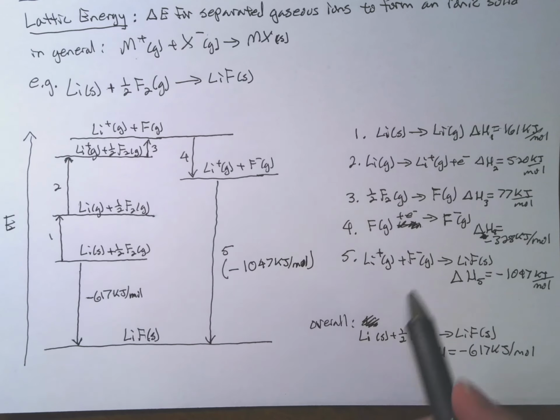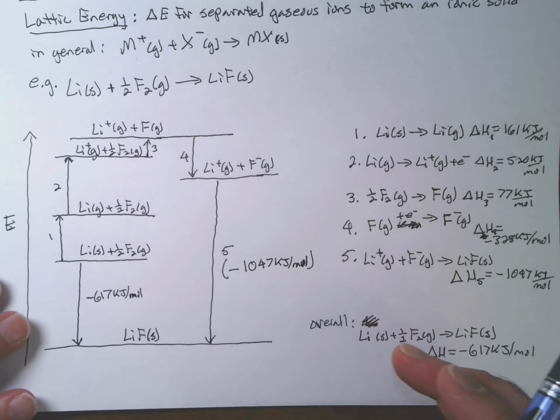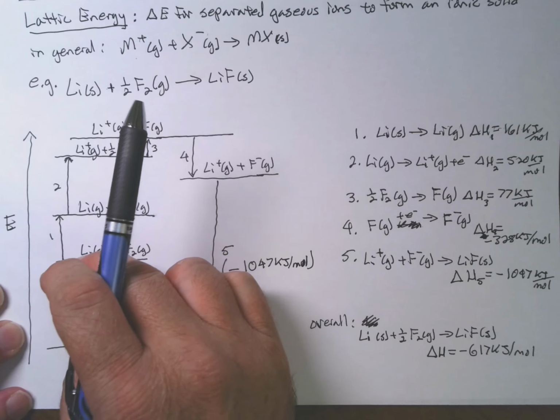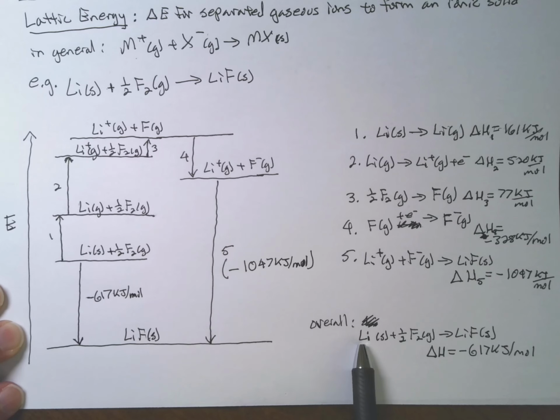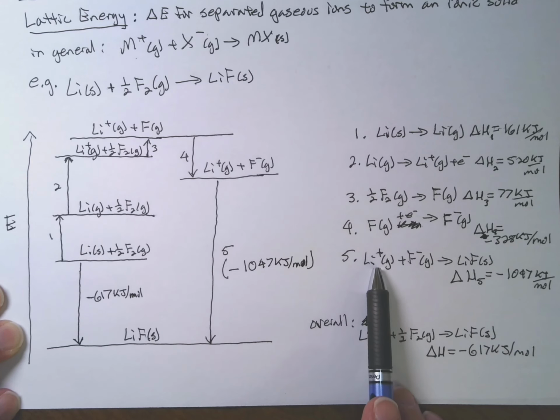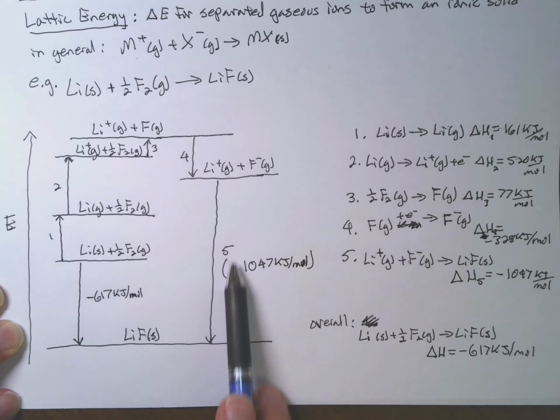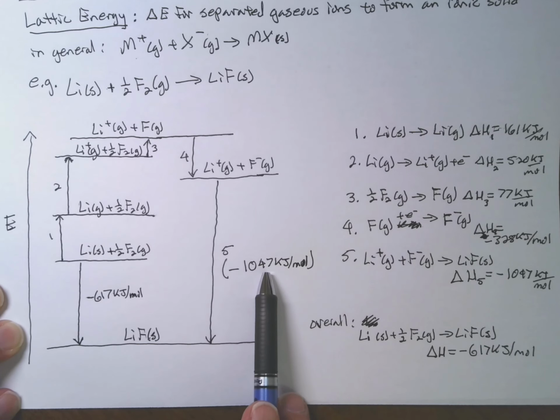So we can see what are our two biggest delta H's here. We have our overall delta H going from solid lithium and half a mole of gaseous fluorine to lithium fluoride solid, and that's minus 617. Well, if we went from a gaseous lithium ion and a gaseous fluoride ion, we would have a delta H of minus 1047.